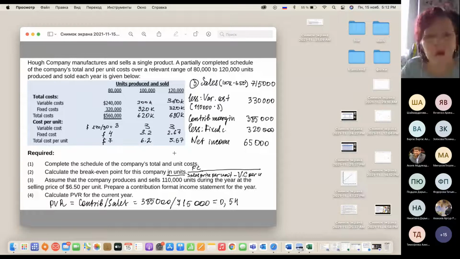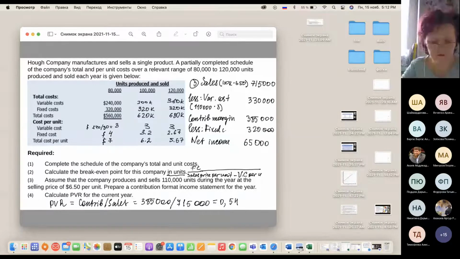Okay. So yes, and the next exercise was to calculate the break-even point. And I believe this is the formula for the break-even point. And when we use our numbers from this list, like fixed cost 320,000, and selling price is here, $6.5, and our variable cost per unit is 3 from the table.